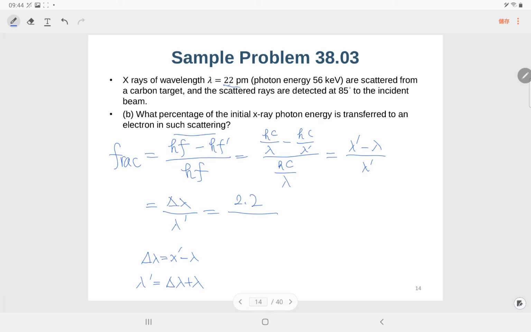And the original lambda is 22, so it's 22 plus 2.2. Or in the other way, you can imagine the energy becomes smaller, which means that the wavelength should be longer. The longer the wavelength, the lower the energy of the photon. So then you multiply it by 100%. So this is 9.1%.